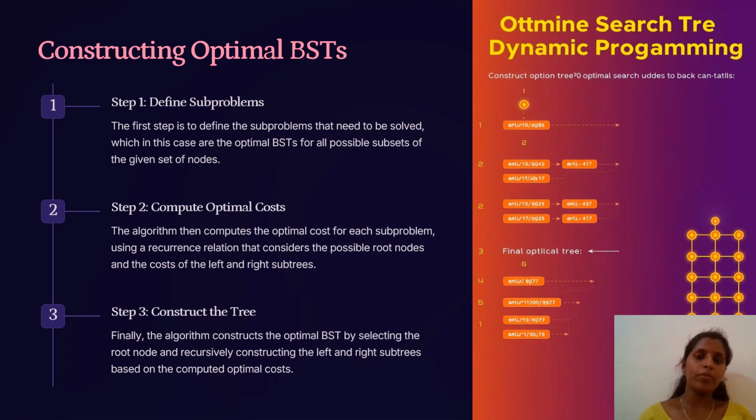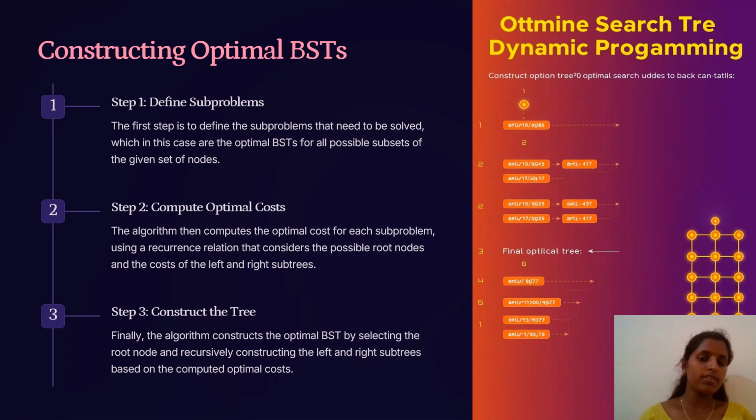Constructing optimal binary search trees. Step 1. Define subproblems. The first step is to define the subproblems that need to be solved, which in this case are the optimal binary search trees for all the possible subsets of the given set of nodes. Step 2. Compute optimal cost.